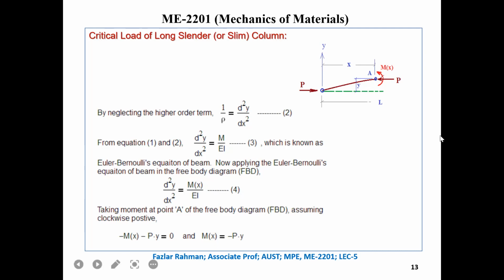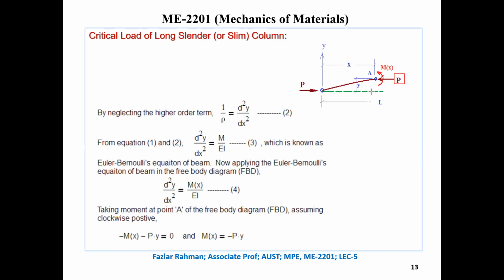So what we did, I take moment at point A and think that clockwise is positive. So P into y, right over here. No moment for this P, because force into distance is 0.